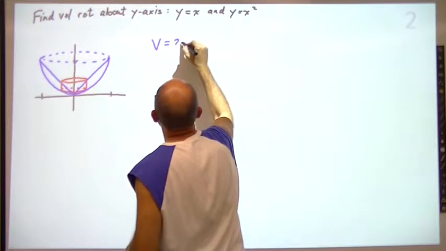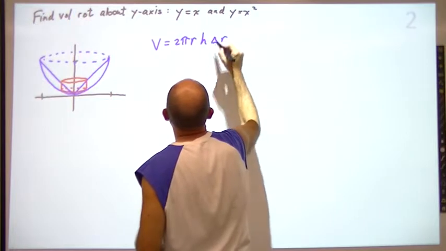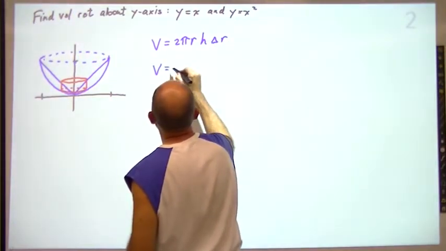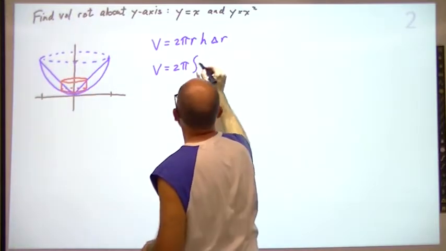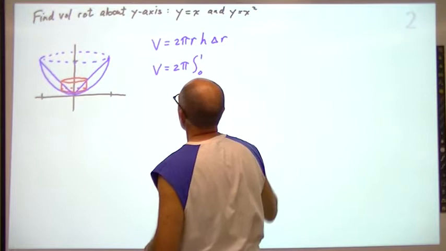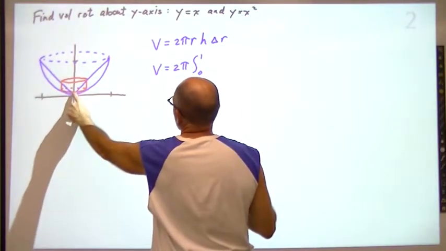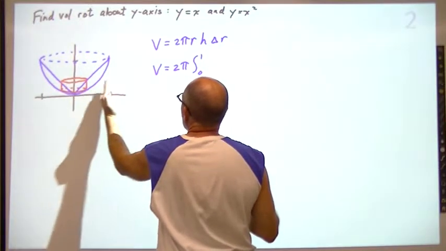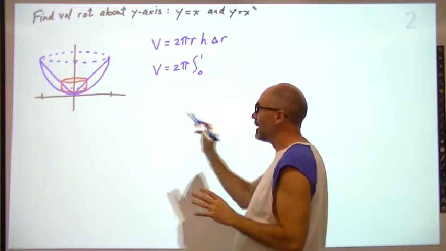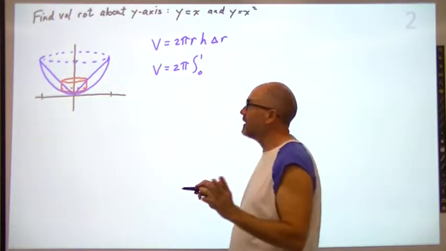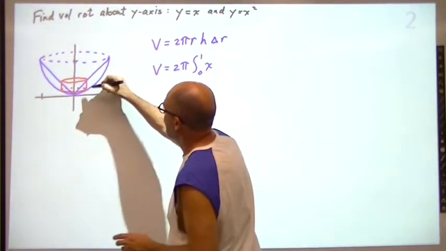So volume equals 2 pi r h delta r, which means 2 pi times the integral from x equals 0 to x equals 1 of the radius of one of these. What is the radius? It's any given x value that we want. As we're sweeping through, the radius becomes a bigger and bigger x value, but it's always an x value. Times the height.